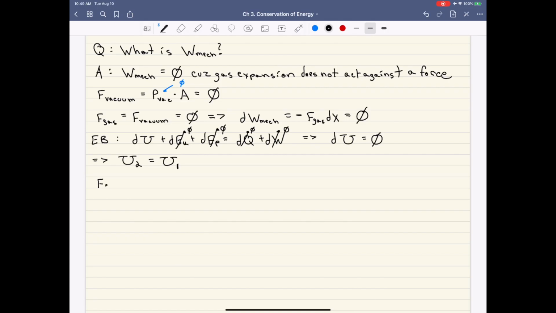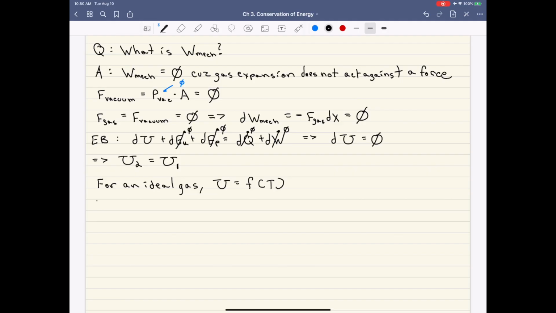And we could extend this argument even further, because let's say we're dealing with an ideal gas. If we're dealing with an ideal gas, we then know that the internal energy is only a function of temperature. That's the only thing that will be able to change it.